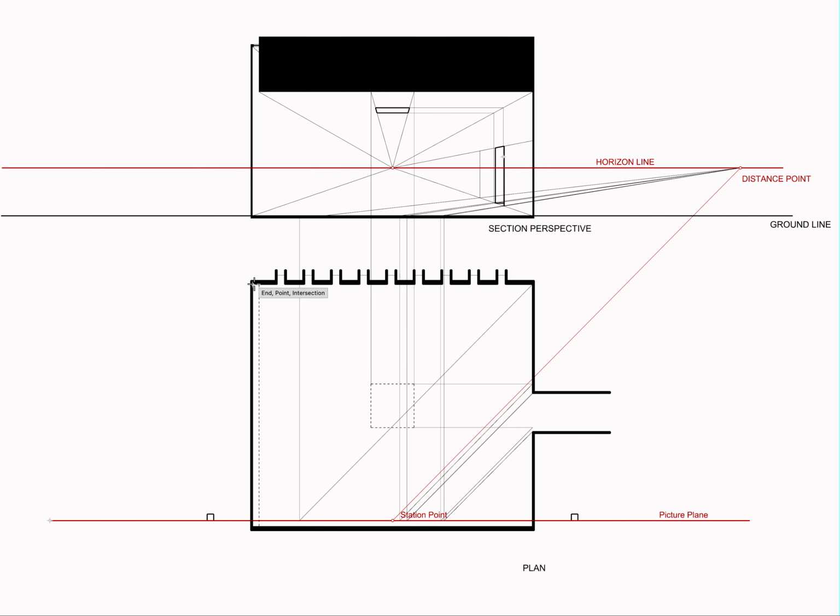Just trying to get my snaps to work properly here. There we go. All right, and then straight up. Okay. And there we go. So now I can sort of solidify that a little bit more. I'll just draw that rectangle in, and that represents that back wall.